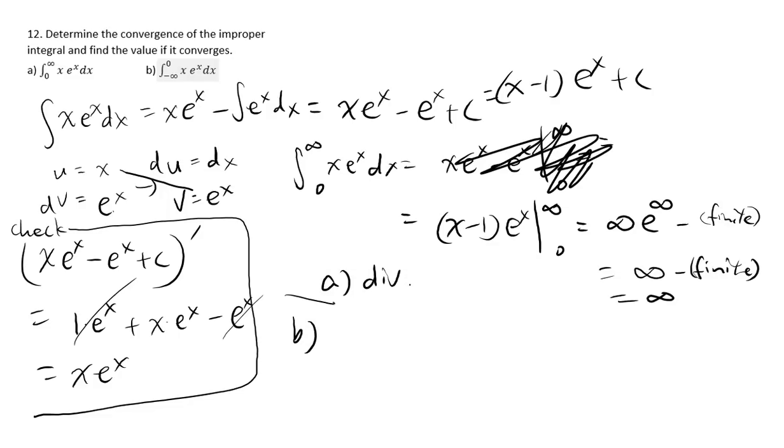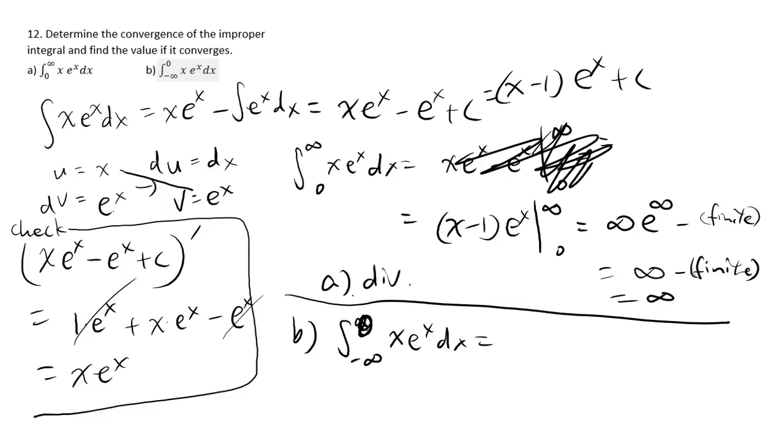What about B? B would be almost the same thing. X e to the x dx, except that now we have x minus 1 e to the x from negative infinity to 0. So when you plug in 0, you get negative 1.